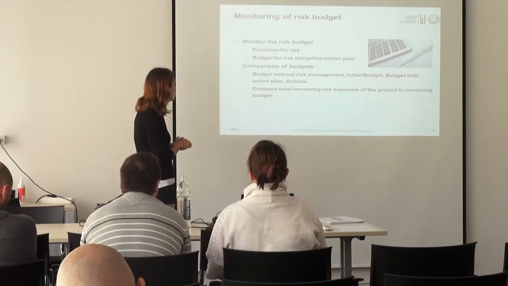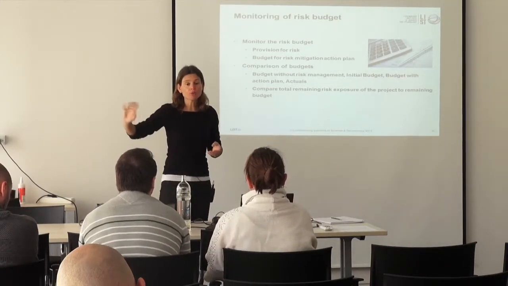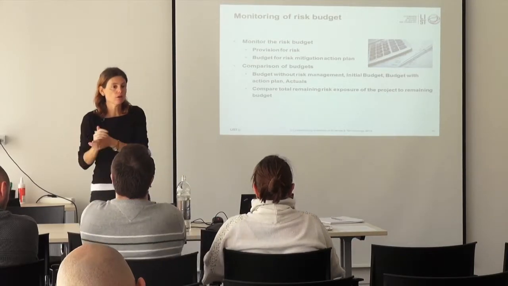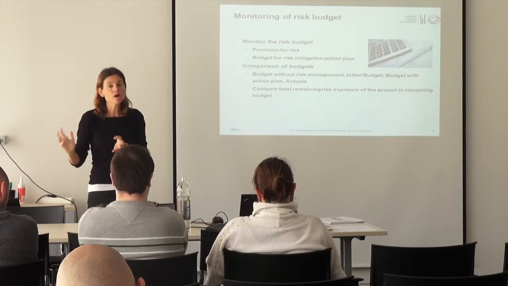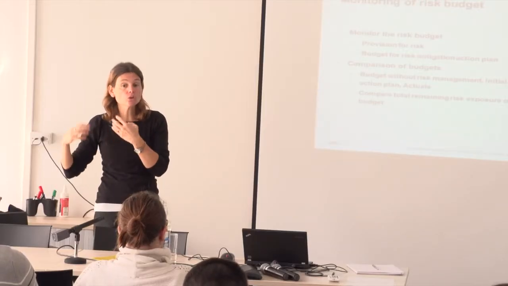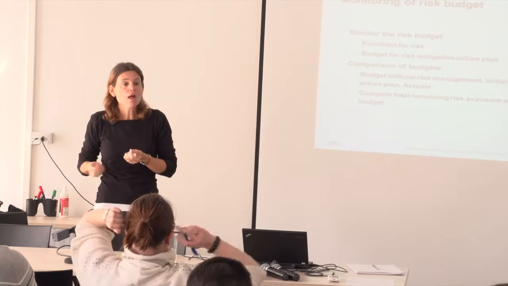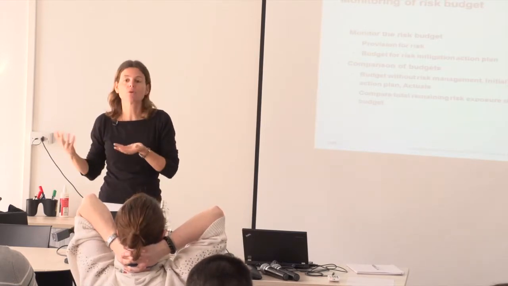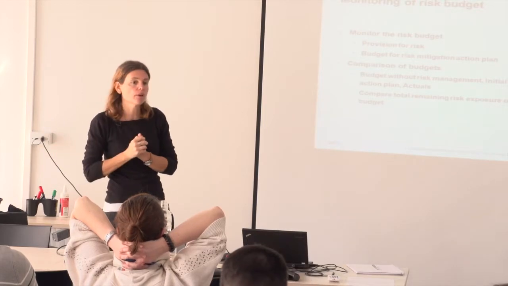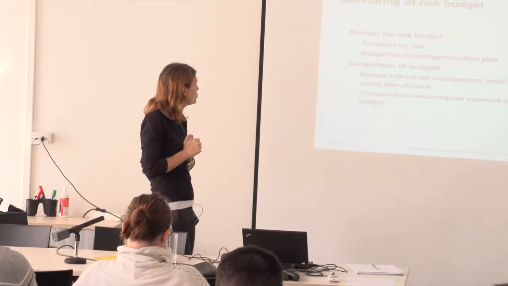And you could also have, as we talked, a provision for risks. So it's one part that is just that buffer, money-wise, let's say, that you have. It's not specific for one risk or one action because you don't know yet what could happen. But you are pretty sure that something will happen, that you would need to take money from that provision.